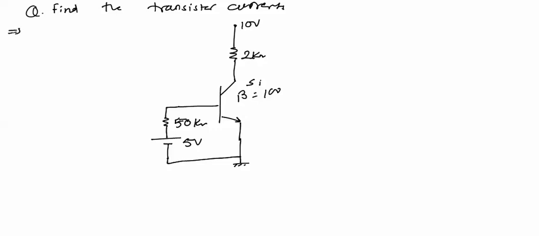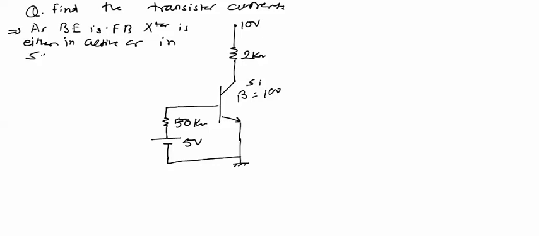As the base emitter junction is forward biased, the transistor is operating either in active or in saturation.